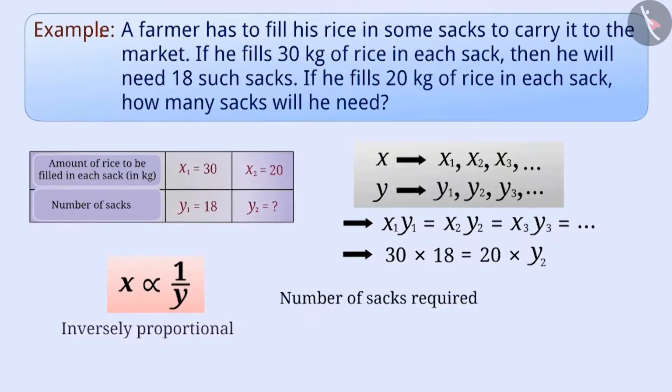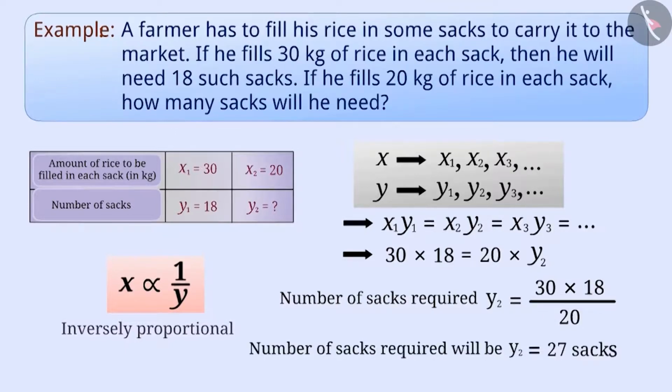Hence the number of sacks required will be y2, which is equal to 30 into 18 by 20, which is equal to 27 sacks.